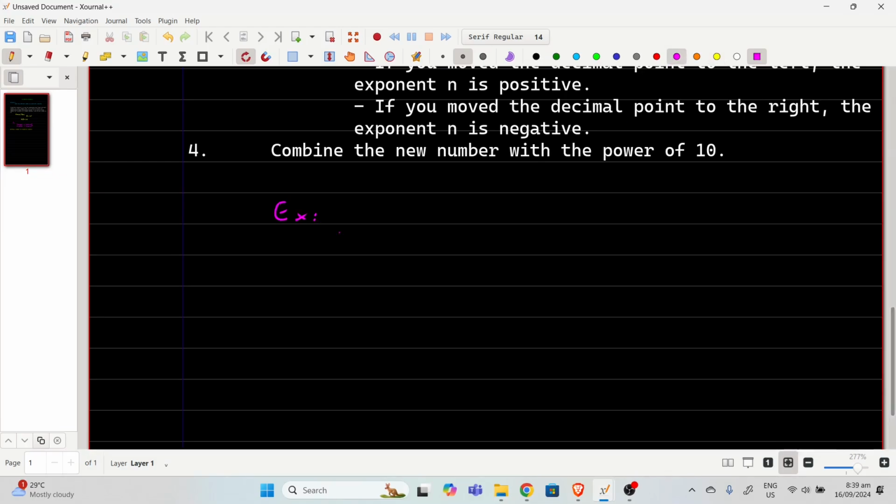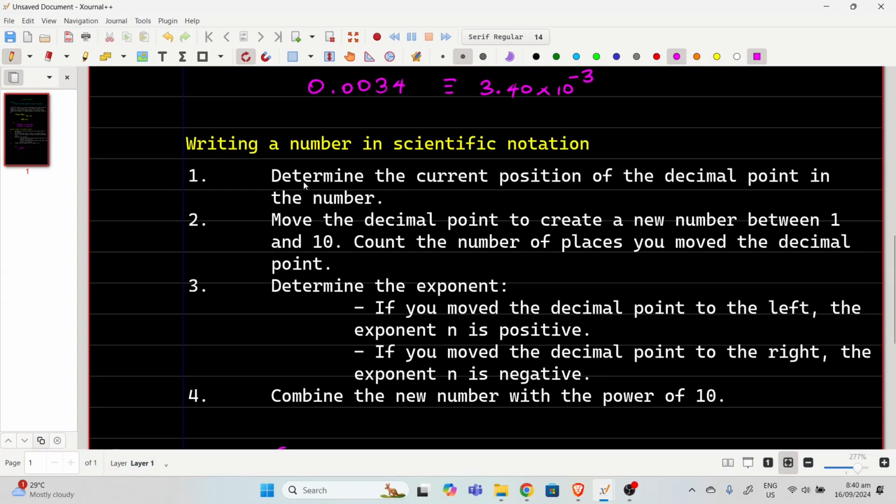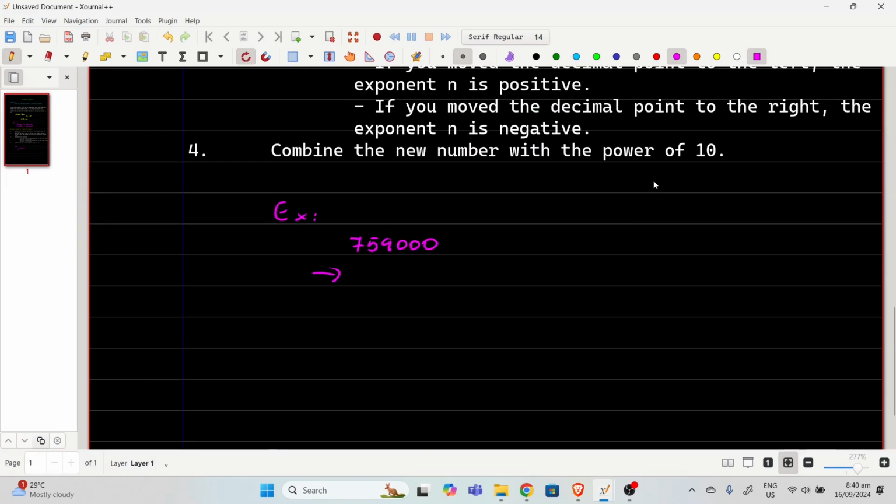The example that we had earlier was 7591230. So I'm going to do each of the steps as we go along. Okay? So the first step is to identify the location of the decimal. As we see here, determine the current position of the decimal point in the number.